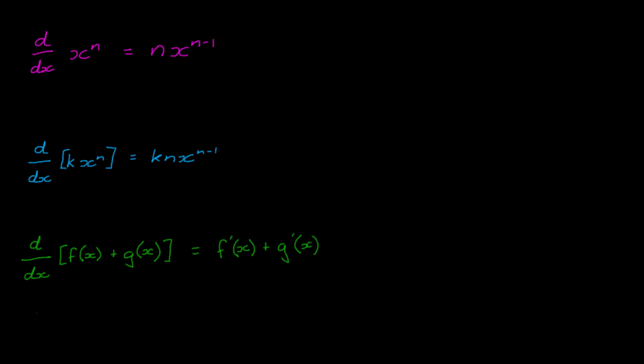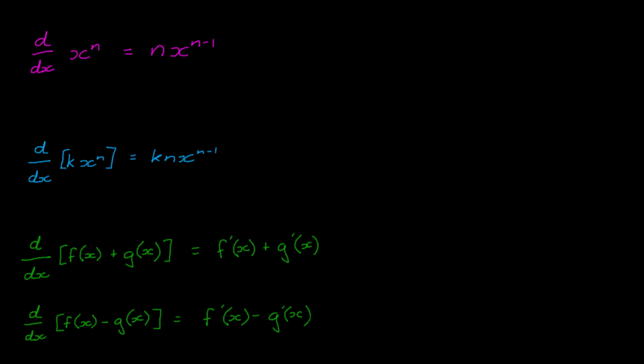We can also write this in a second way, and that's that if we have 2 functions where we're finding the difference between those functions, the answer will just be the difference of the 2 individual derivatives.